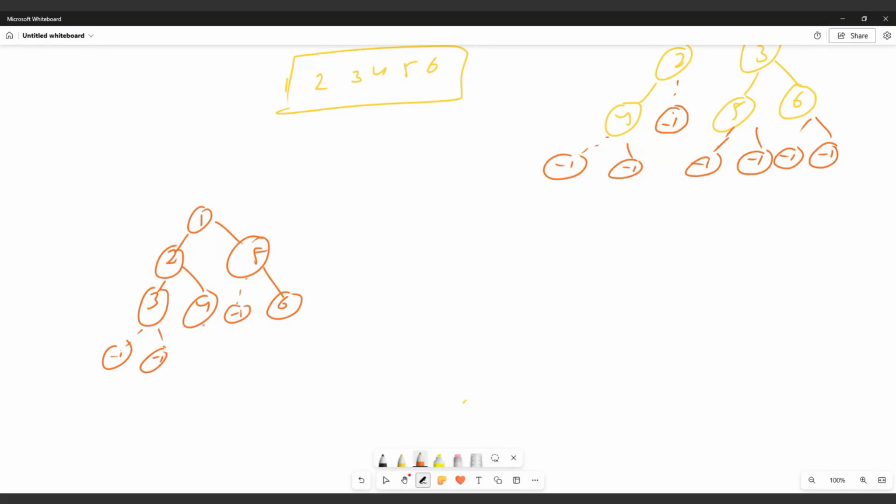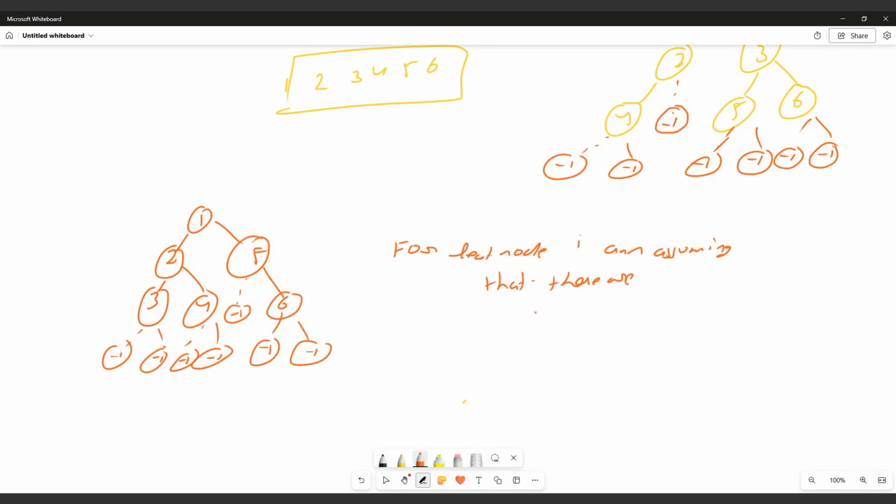If it doesn't have any child, because we are assuming it is a binary tree, then for a leaf node, I am assuming there is minus 1 as the left and right subtree.